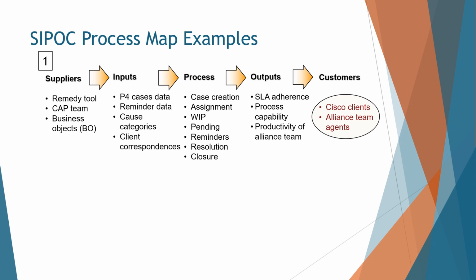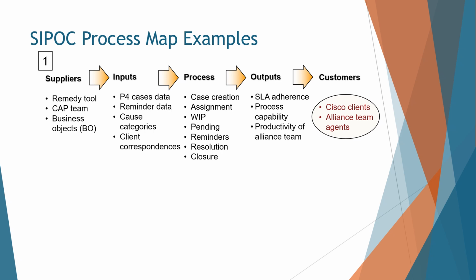So let's look at the process steps. First step, case creation, then assignment, then work in progress, pending, reminders, resolution, and closure. So what's the beginning of the process? Case creation. What's the ending of the process?